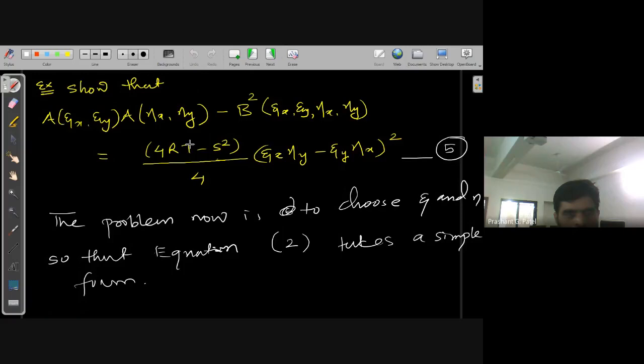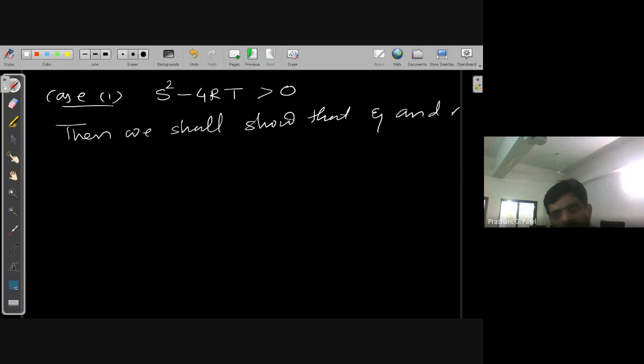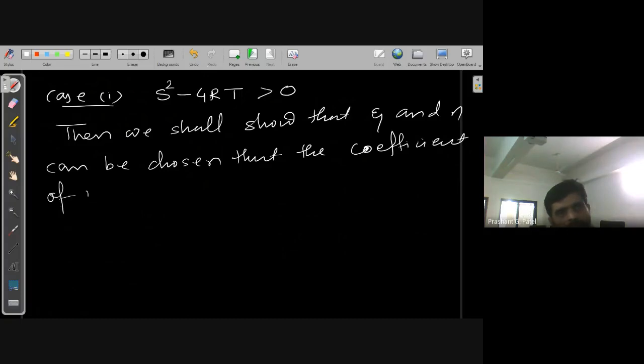In that, the case number 1, where s square minus 4rt, which we have obtained here, that is this situation we are talking about, is positive, then we shall show that xi and eta can be chosen so that the coefficient of u xi and u eta in 2 vanishes.